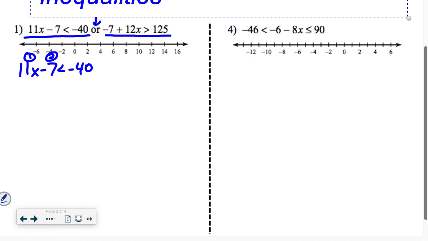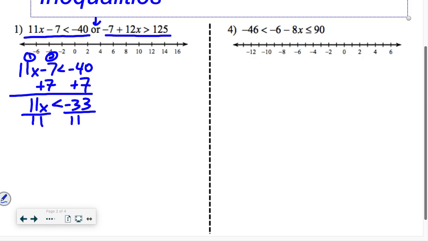That is my backwards work. So adding 7 to both sides, I have 11x is less than negative 33. Now I can do my division. So x is less than negative 3. So that's my first inequality.